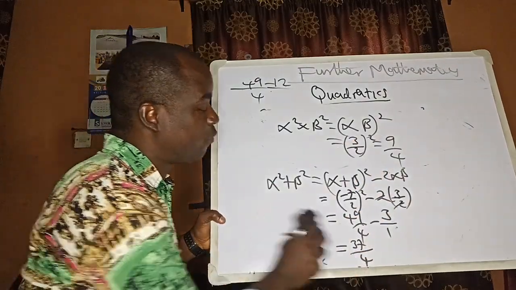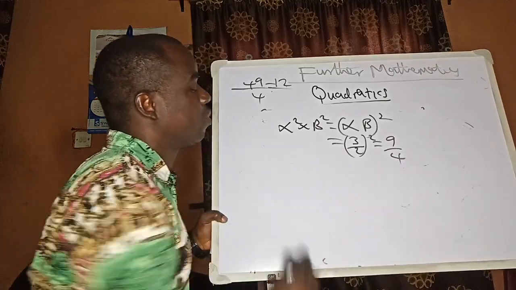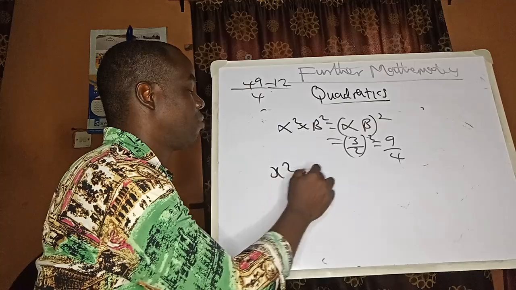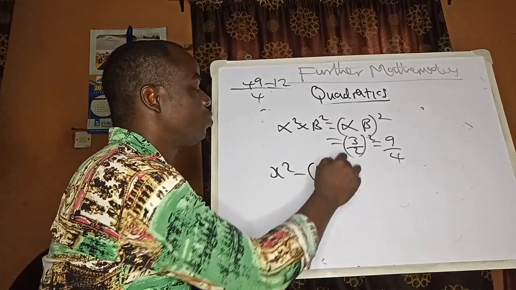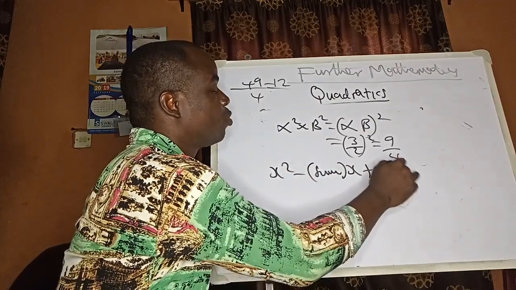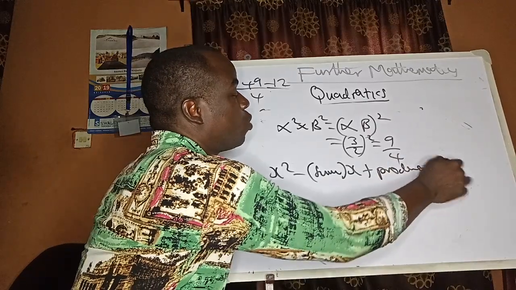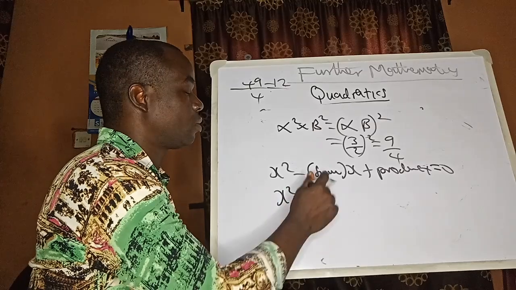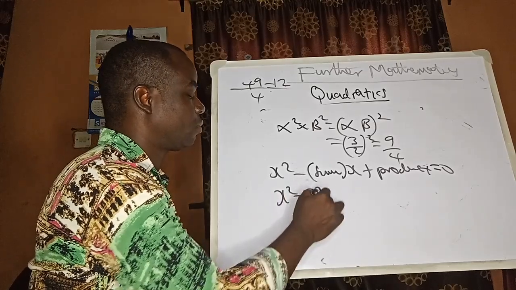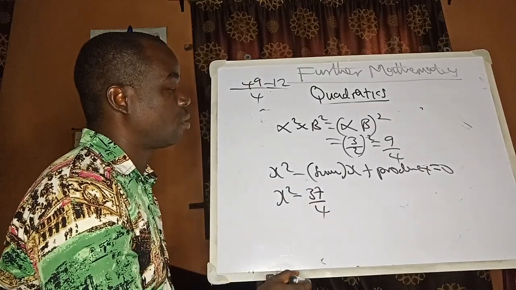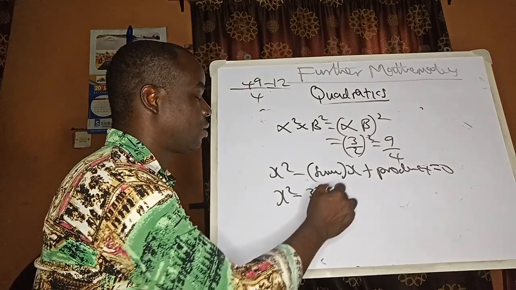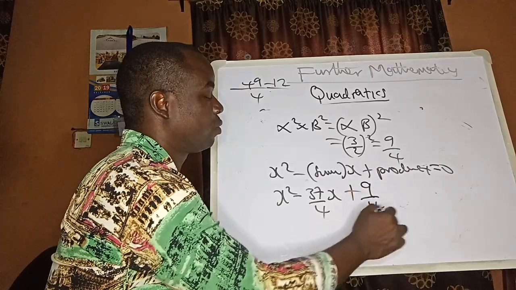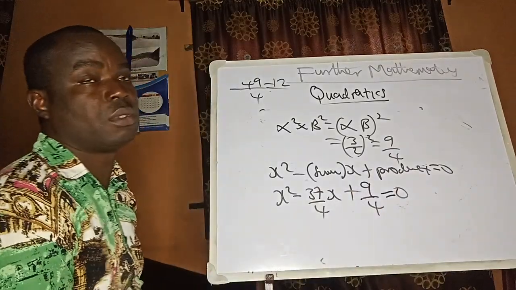So this one is 37 over 4. So x squared minus sum of roots x plus product is equal to 0. Let's now put them back in the equation. And so we have x squared minus, this one is 37 over 4, then x, product of roots is 9 over 4 is equal to 0.